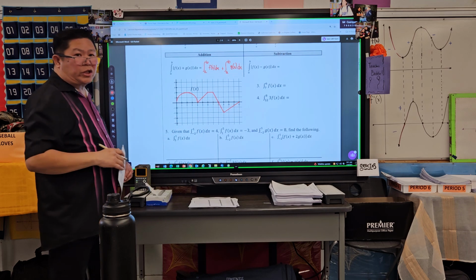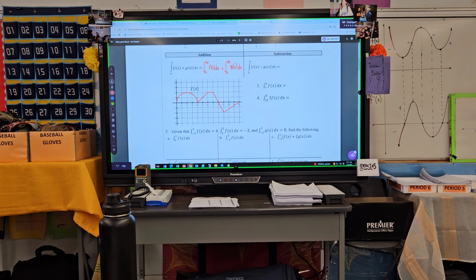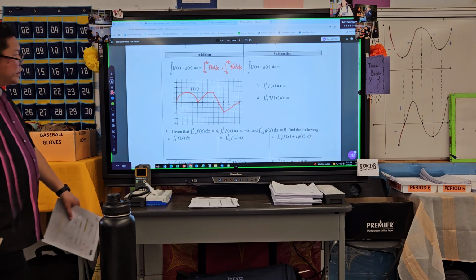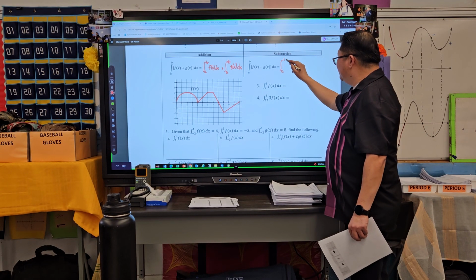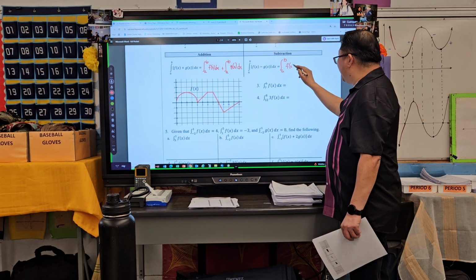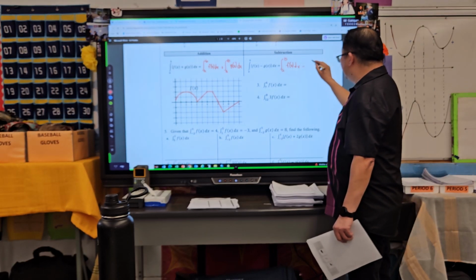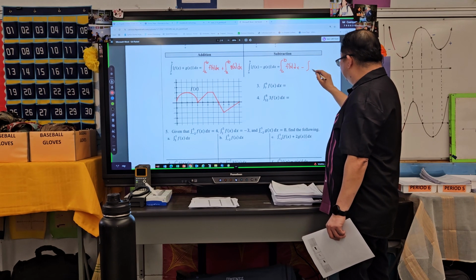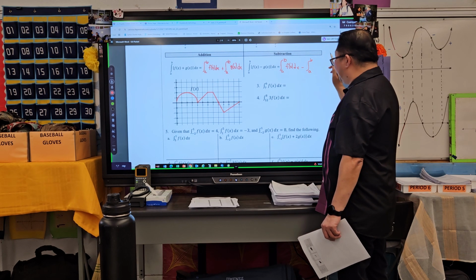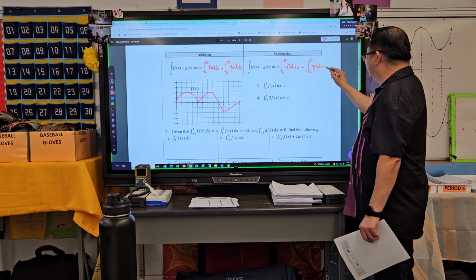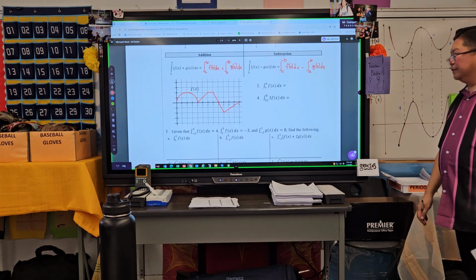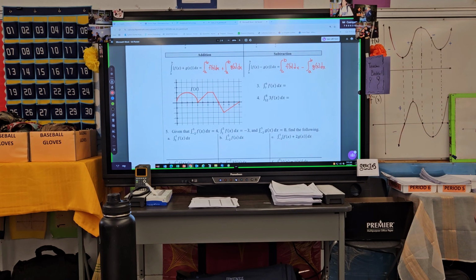This is for addition of functions. Likewise for subtraction, we do the same: the integral from a to b of f of x dx minus the integral from limits a to b of g of x dx.